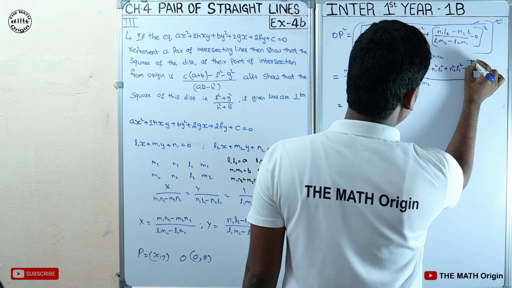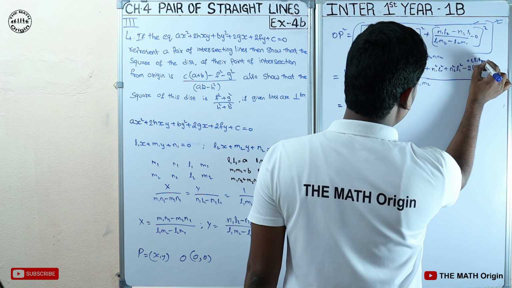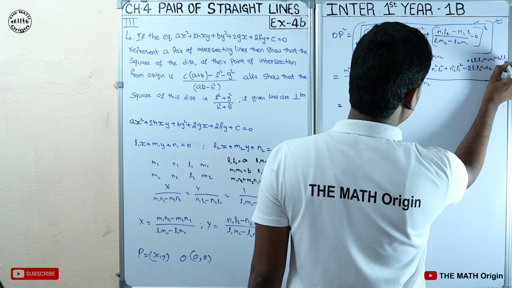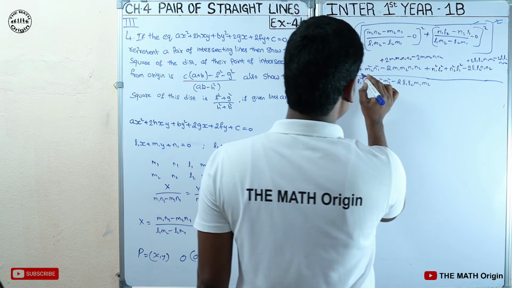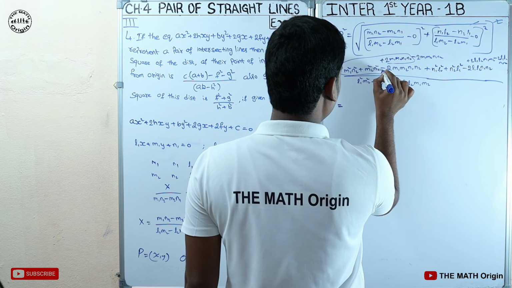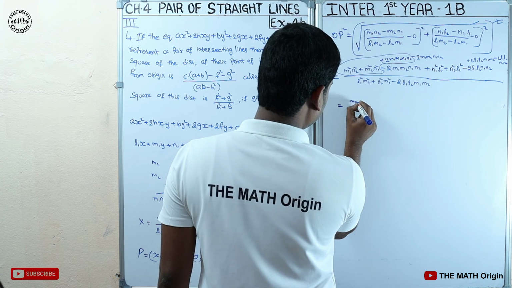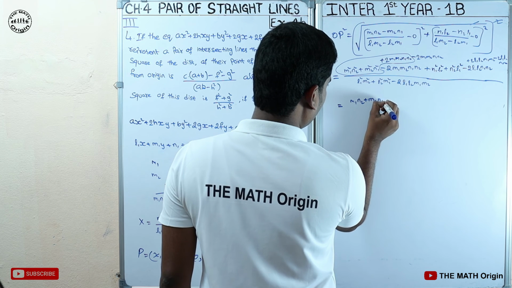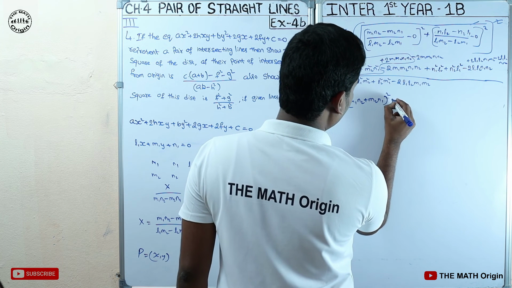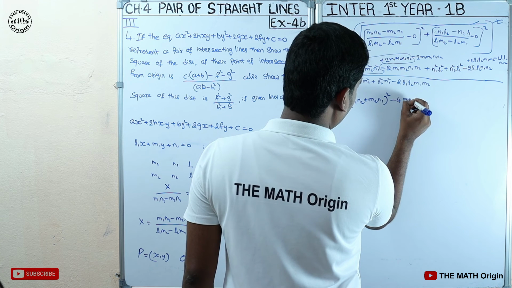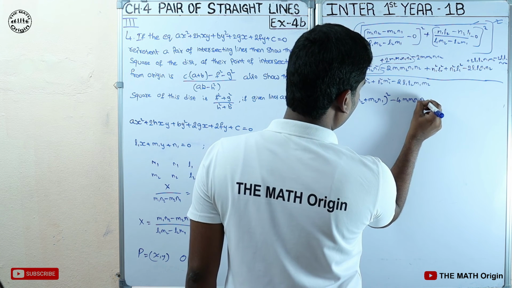Here also I will add 2 l1 l2 m1 m2 minus 2 l1 l2 m1 m2. So from this I will make it as m1 n2 plus m2 n1 whole square minus 4 m1 m2 n1 n2.